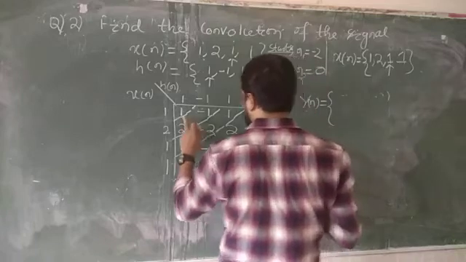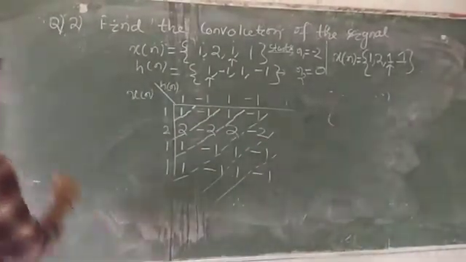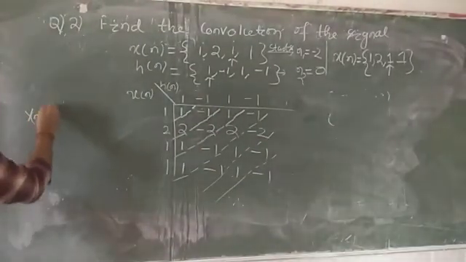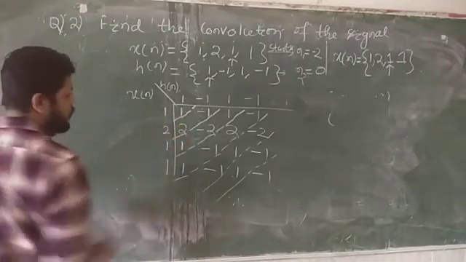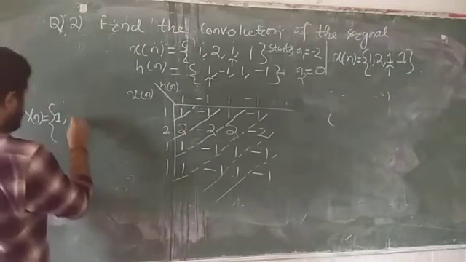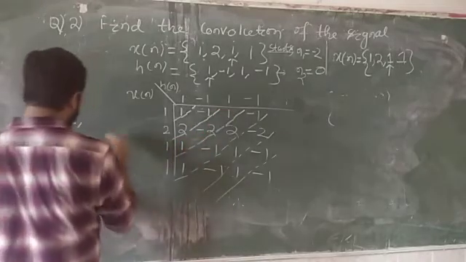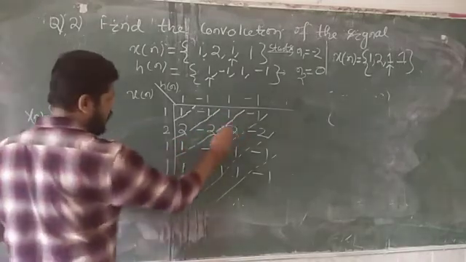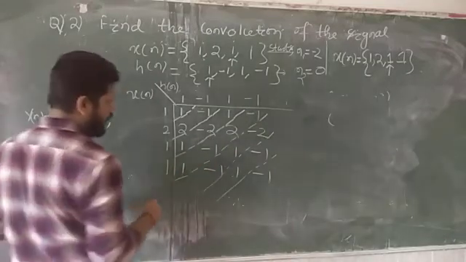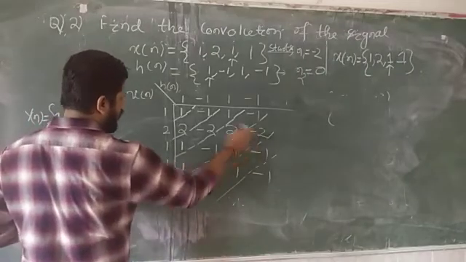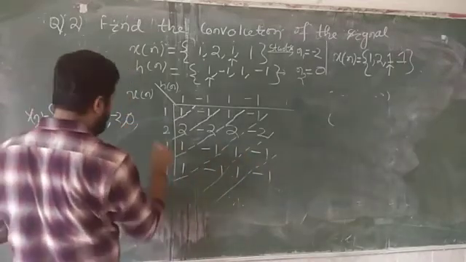So yn is equal to, the first sample here is 1, then 2 minus 1, we just add, that means 1, then 1 plus 1, 2, minus 2, 0, then minus 1 plus 1 cancel out, 0, then 2 minus 1, 1, then minus 1 plus 1, 0, then minus 2 plus 1, minus 1.